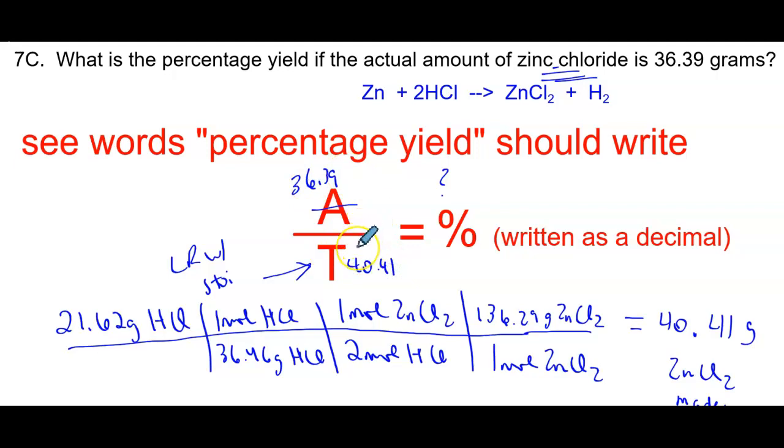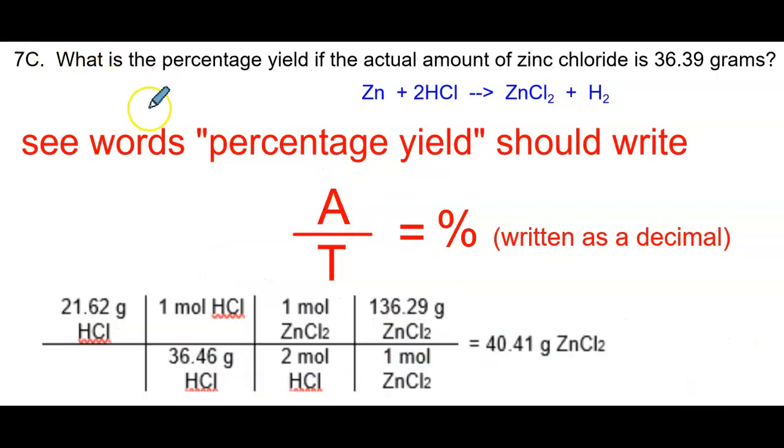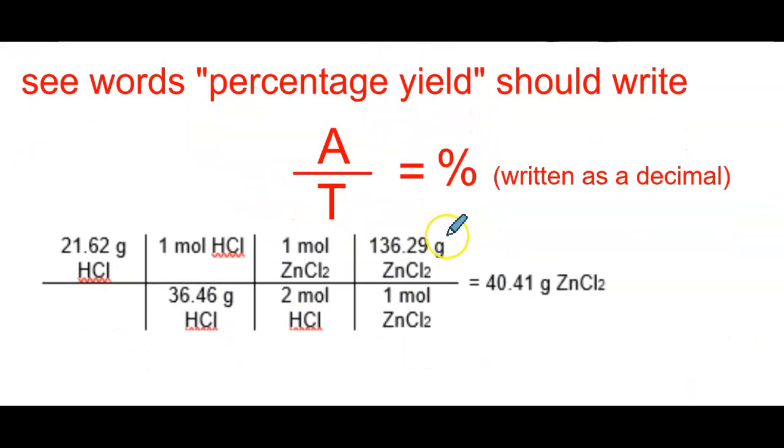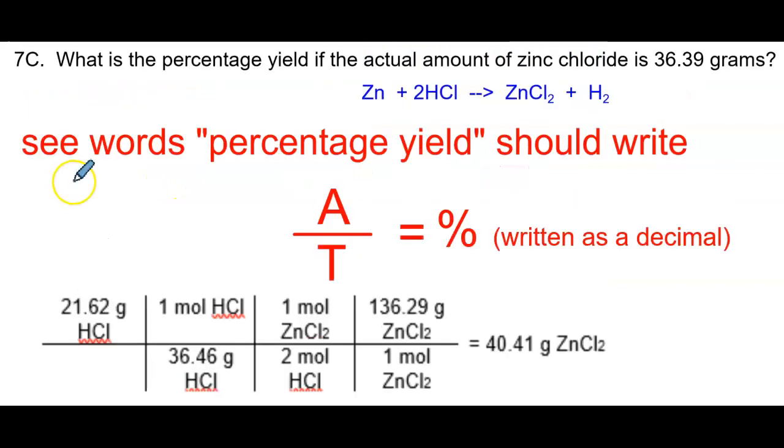So let's do that. And then I'm going to go to the next slide to show you that in font instead of my handwriting. Okay, so we got 40.41, and now we're going to take A over T. So we're going to take, in cleaner format, 36.39, divide by 40.41.